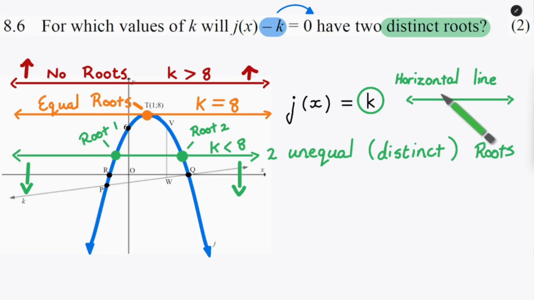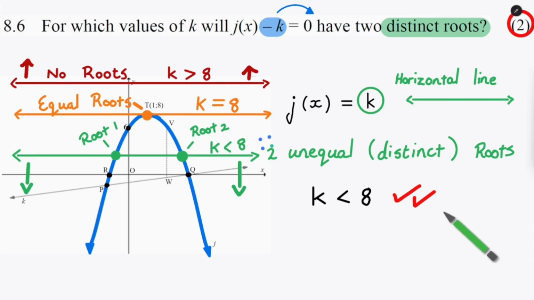So they want you to place this line so that you get 2 unequal, aka distinct roots. So they want you to place the line anywhere below 8 to get those 2 points of intersection, aka roots. So our answer is simply just whenever k is smaller than 8. And you simply just get 2 marks for your answer in this question.